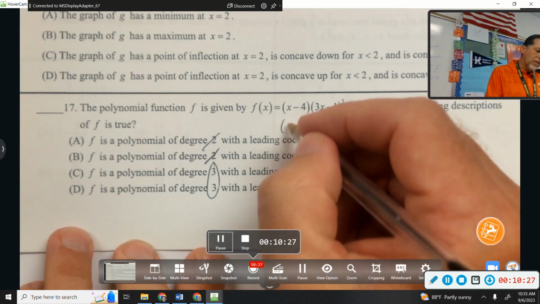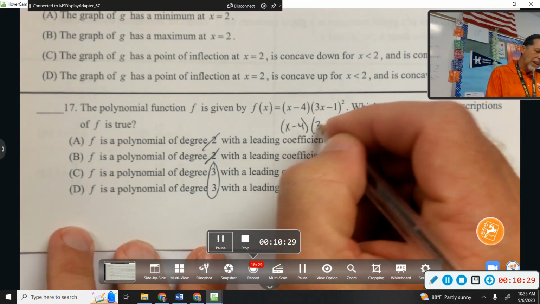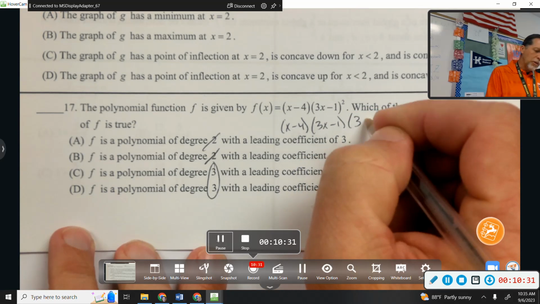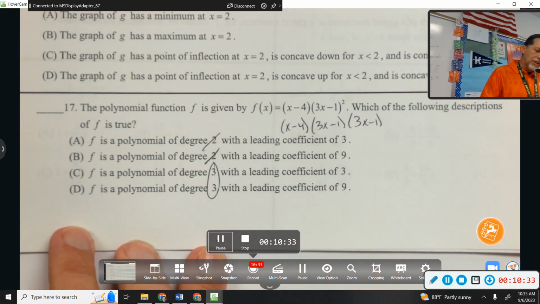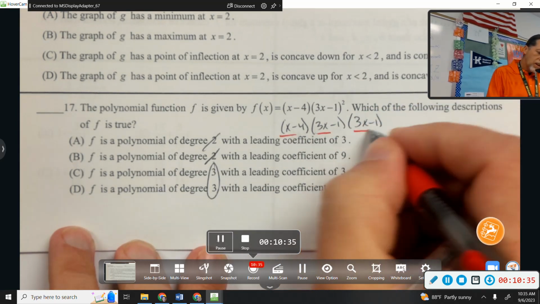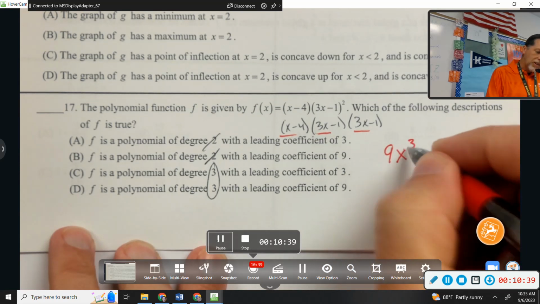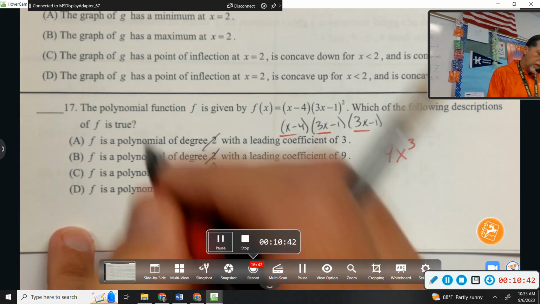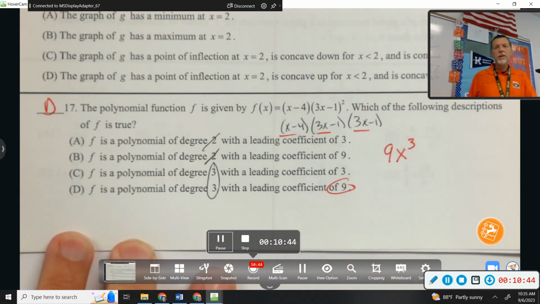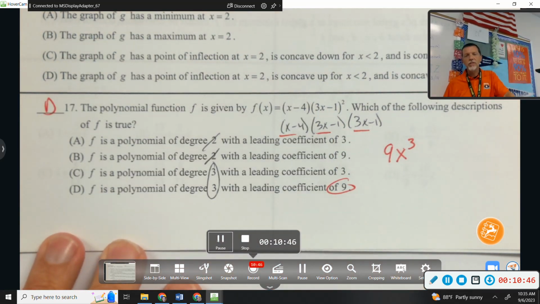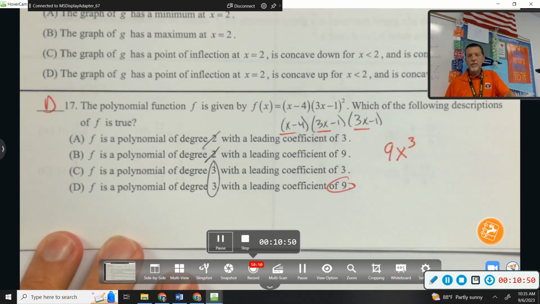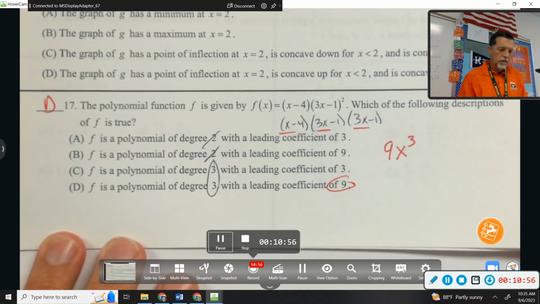That squared thing means it's going to end up being 9. I don't want to multiply this whole thing out, but if I look at those lead terms, I can at least say my lead term is going to be 9x cubed. That's another one where you could really go all out and multiply it all out and take forever and waste time doing so.